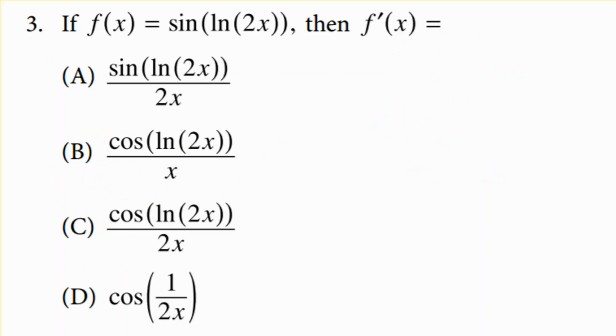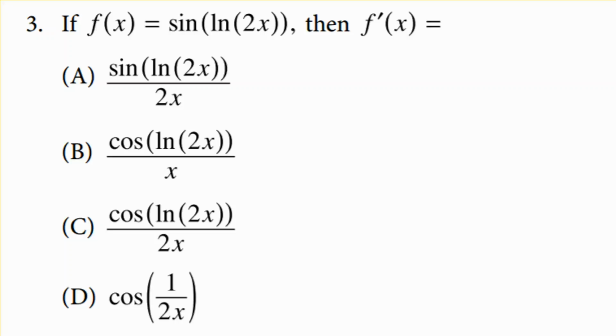All right, what are we assessing on here in 3? If f of x equals the sine of the natural log of 2x, then the derivative is, what are we assessing on? I think we're assessing on the double chain. So we start all the way outside.